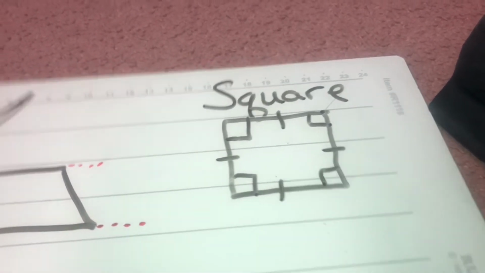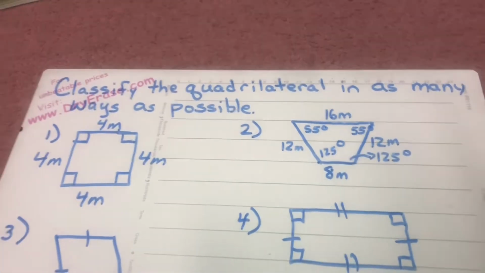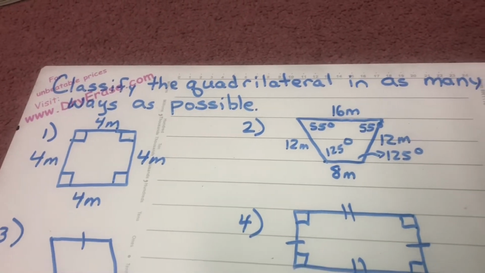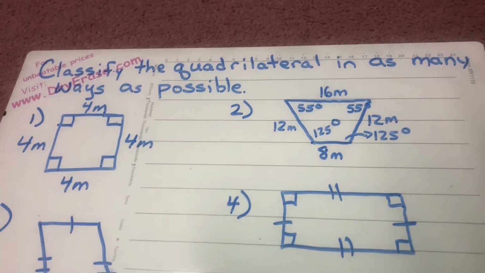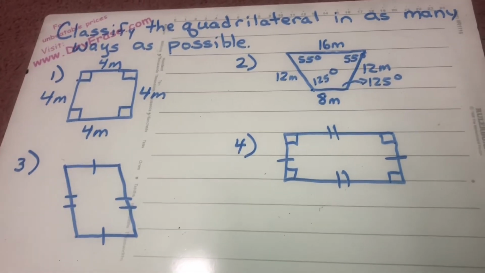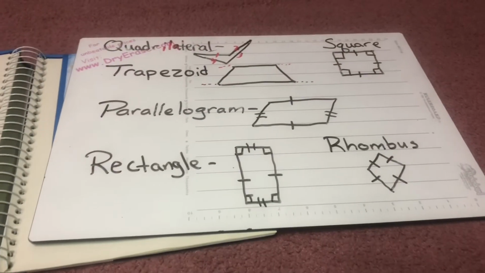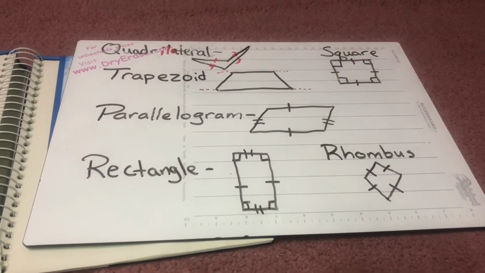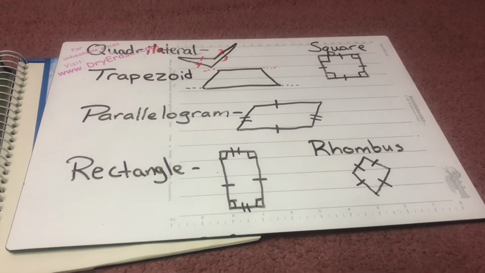And actually, specifically, what you're going to be doing in your assignment today, it's just this one set of directions that we need to talk about, is this one here, classifying the quadrilateral in as many ways as possible. Because sometimes when we look at quadrilaterals, we say, well, that is, and we'll name the quadrilateral that would be appropriate, whether it's quadrilateral, square, trapezoid, parallelogram, rectangle, or rhombus.